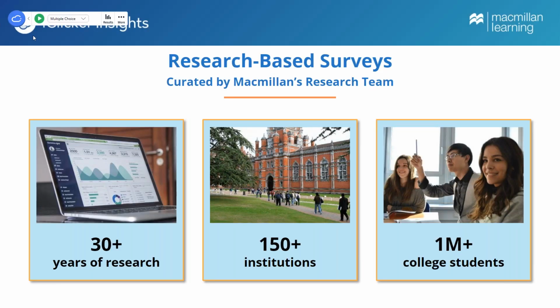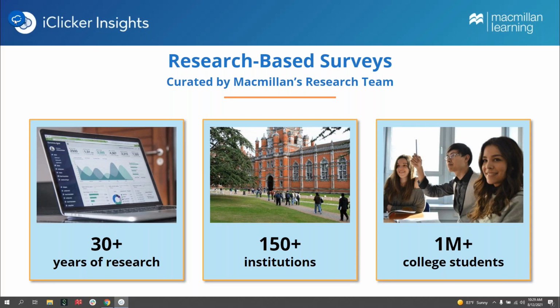Beautiful. So Macmillan has an amazing research team, you may or may not know about it, that spent 3 decades finding the very best questions to ask students that will measure their predictive outcomes. And these questions have been tested with millions of students at hundreds of institutions. And each survey question has a proven effect on and a link to retention.